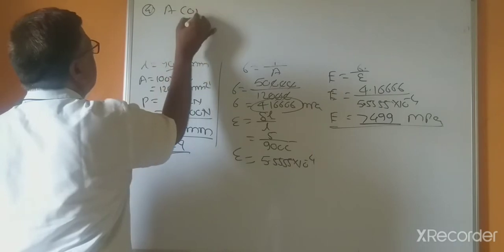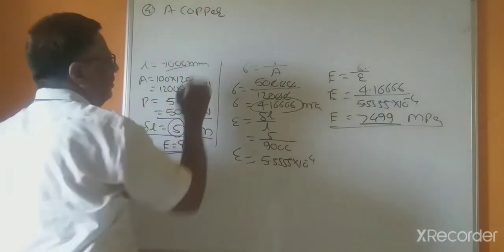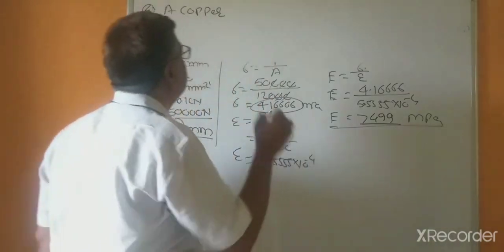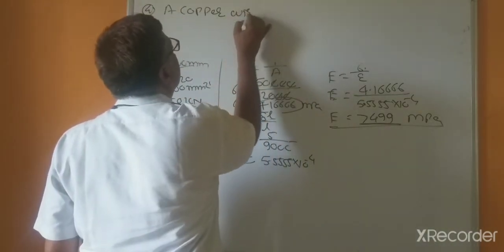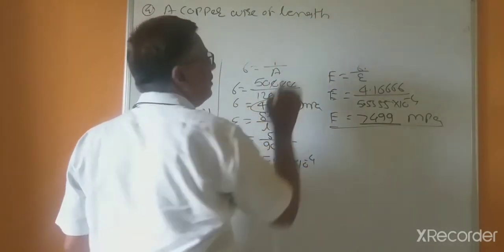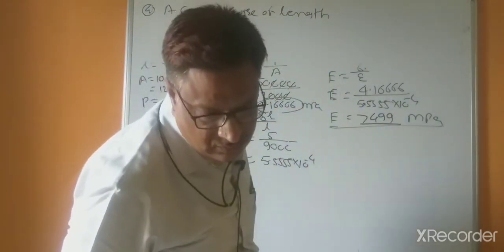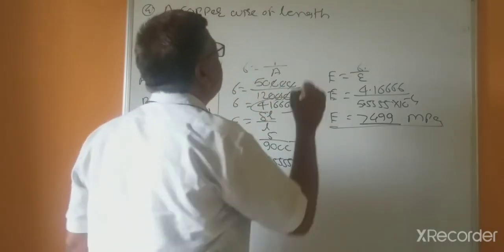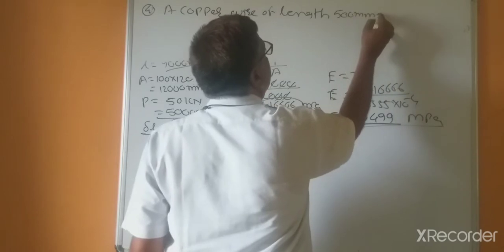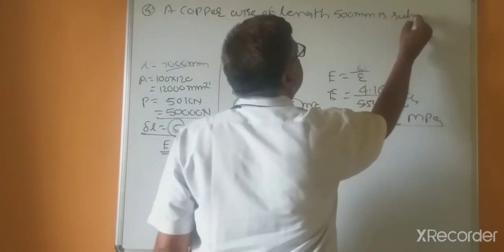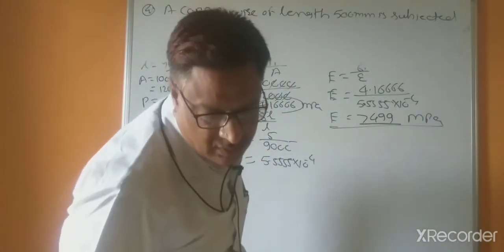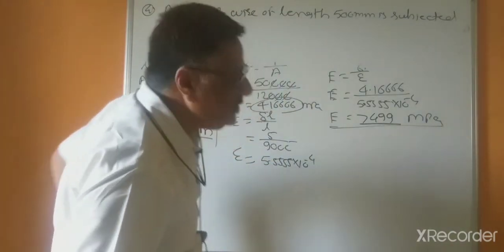A copper wire of length 500 mm is subjected to an axial pull of 6 kilonewton.